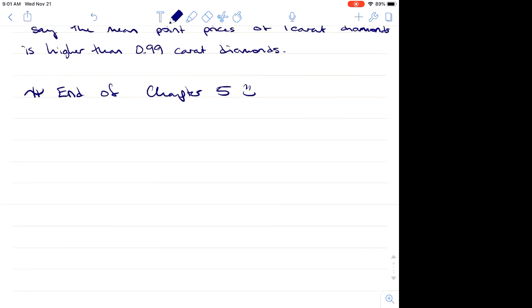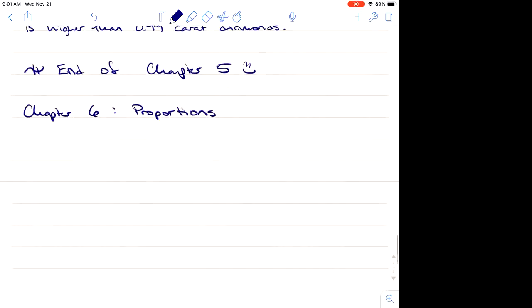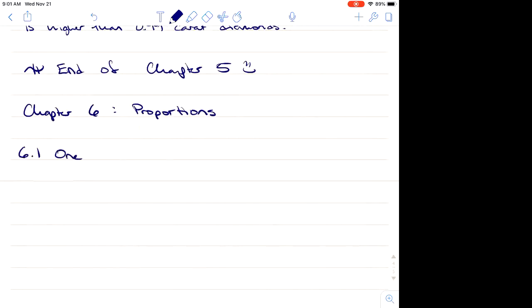So chapter 6 is on proportions. 6.1 being 1 sample proportion.